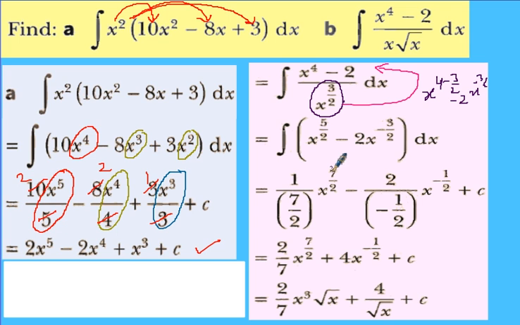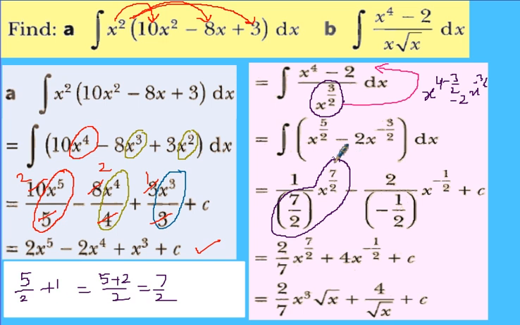And then we add 1 and we write. So 5 upon 2, please understand, 5 upon 2 plus 1 will give you 5 plus 2 upon 2, means 7 upon 2. So here they got 7 upon 2 here also, because the degree was 5 upon 2. Here it was minus 3 upon 2, so when you add 1, it will be half.